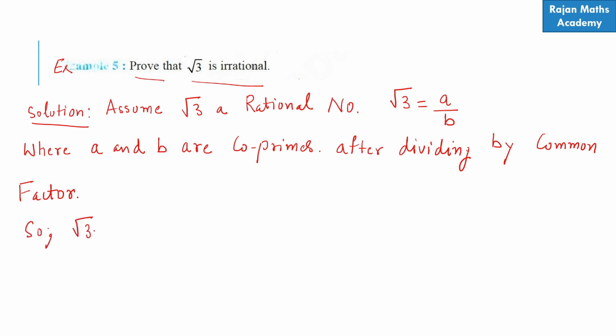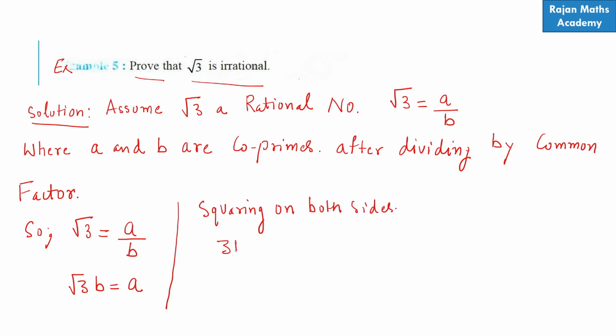So root 3 is equal to a by b. Cross multiply, root 3 into b is equal to a. Now squaring on both sides, 3b square is equal to a square. So b square is equal to a square divided by 3.